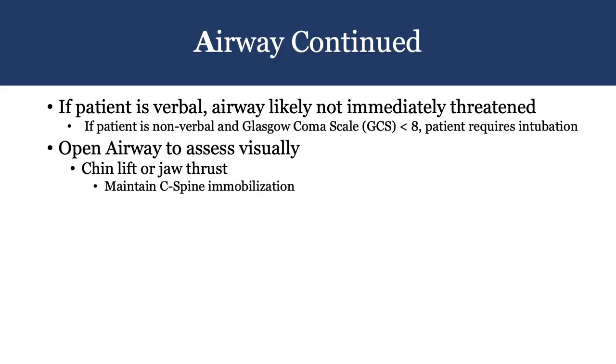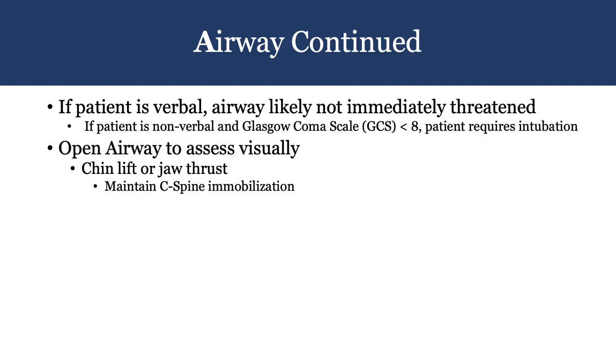So in airway management, usually we have to open the airway to assess visually, and there are simple basic airway opening maneuvers like the chin lift and the jaw thrust that we can institute to open the airway while maintaining cervical spine immobilization.